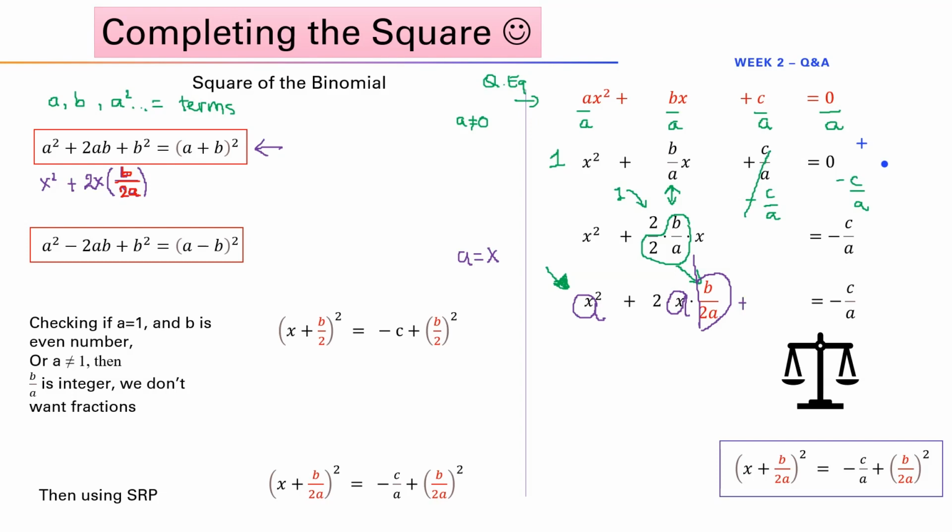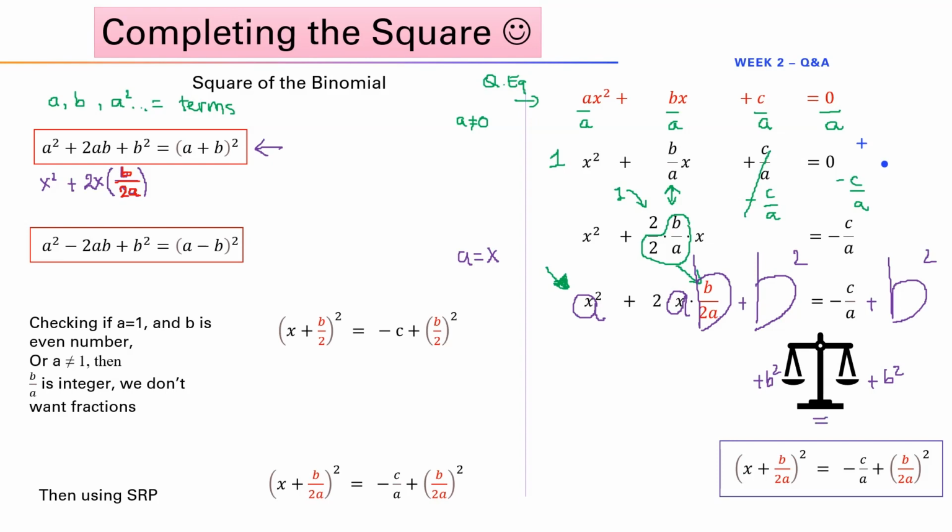Add the big B square right here. Look at the scale: when I add something on this side, I have to add b squared on this side to keep it balanced.